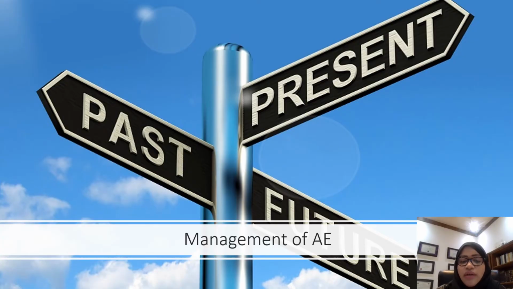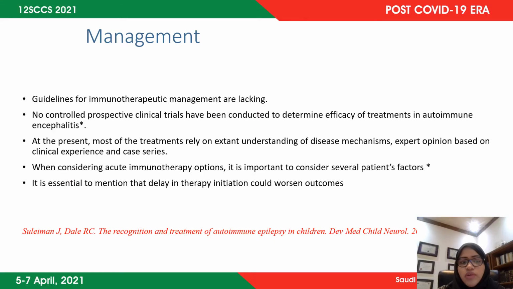Now we're going to move on to management of autoimmune encephalitis. Where are we in terms of management? Unfortunately, guidelines for immunotherapy management are lacking, and no large-scale controlled prospective trial has been conducted to determine the efficacy of treatment, particularly due to the heterogeneity of autoimmune encephalitis presentation and findings on ancillary testing.